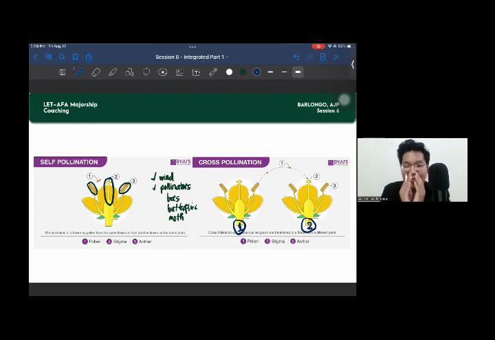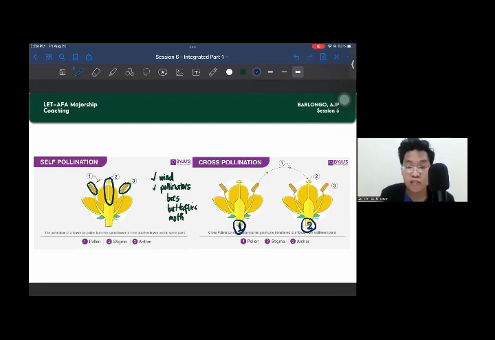Naka-enclose siya sa isang lalagyan. Parang gano'n. Tapos yung kailangan mong gawin is carefully mong i-slice yon gamit ang maliit na needle o yung karayom natin. Isa-slice mo siya carefully hanggang i-expose mo yung anther at saka yung stigma.